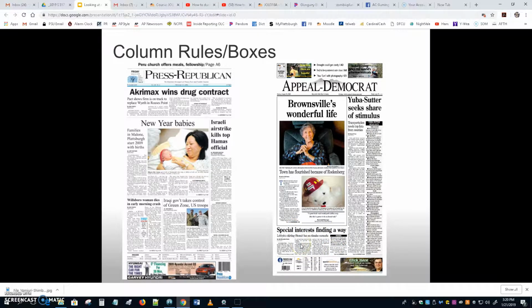So by laying out chunks of stories in modular units, and then separating them, probably with column rules, perhaps with boxes, although honestly, all column rule newspapers really use boxes sometimes too, and even papers that almost only use boxes do occasionally use some column rules also. So there's some overlap there.